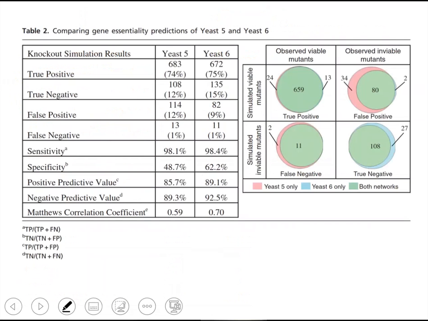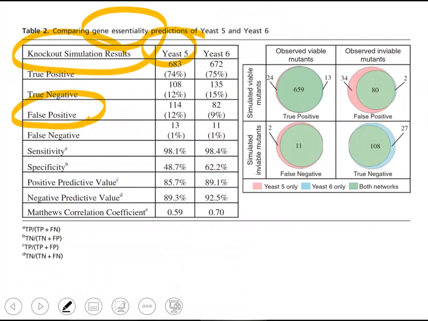especially based on gene essentiality, so these gene deletion simulations. They have shown that the previous version, for example, had a false positive rate of 12%, and in Yeast 6, by refining and updating the model, they have a lower false positive rate, and even a slight increase in the true positive rate.